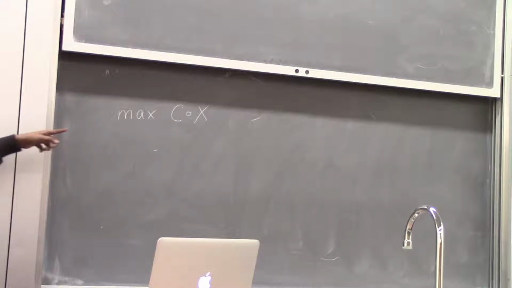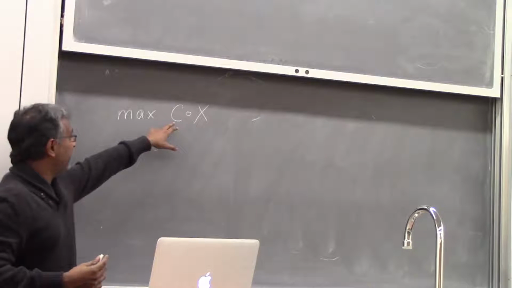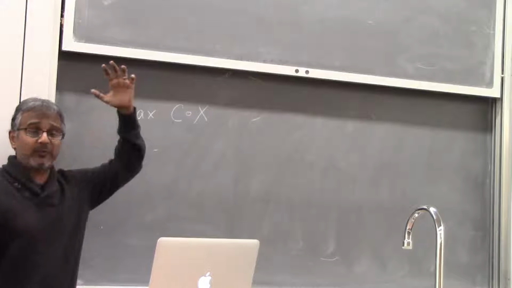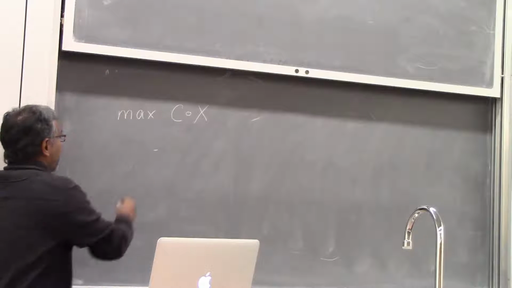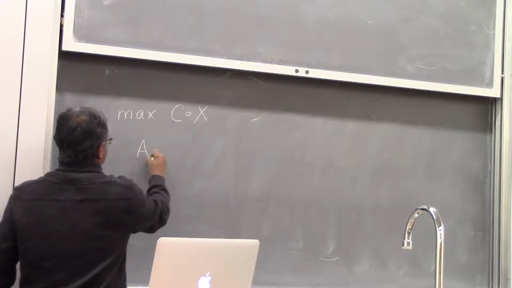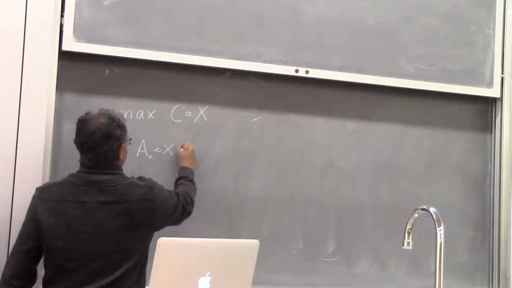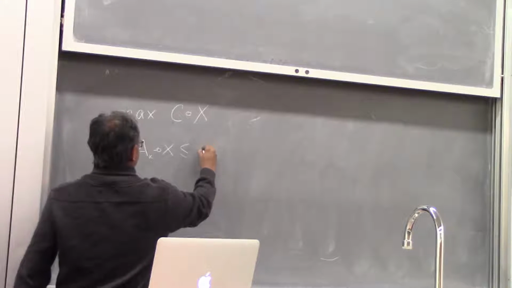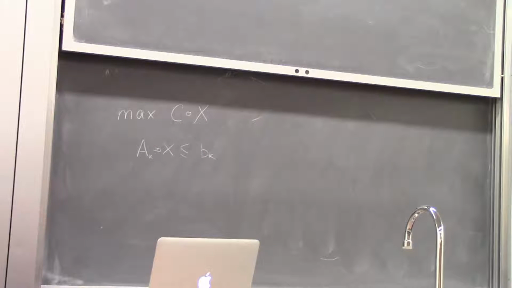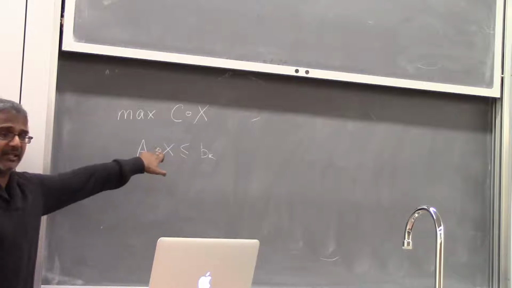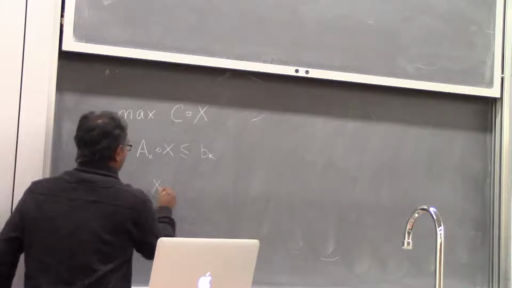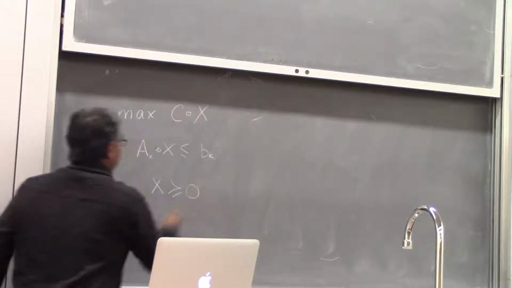So I'm going to write this in this form, where this means take every value of this matrix, multiply by every corresponding value of this matrix, and add them all up. It's like a gigantic inner product of two matrices. And then you have a whole bunch of constraints of the form A_k · X less than or equal to b_k. So a whole bunch of constraints of this kind, where again, you should think of this as a dot product, but of course over a matrix. And then finally, you have this non-linear constraint that this matrix is positive semi-definite.